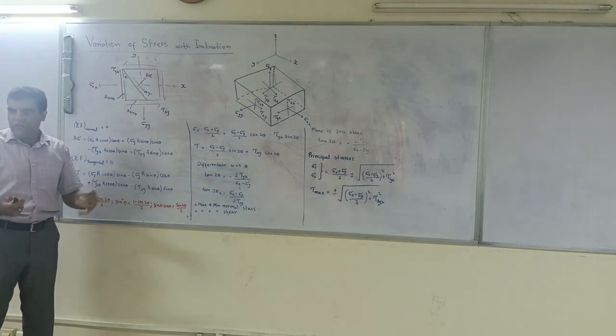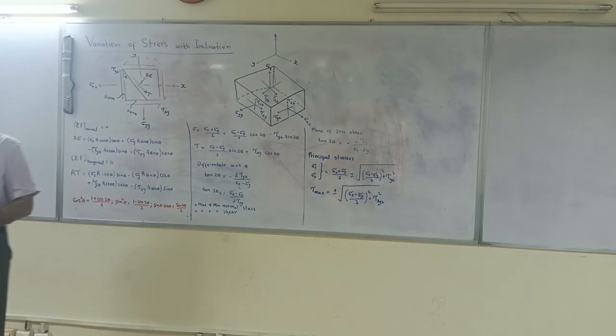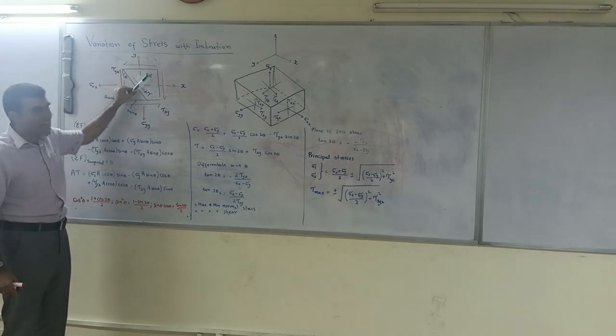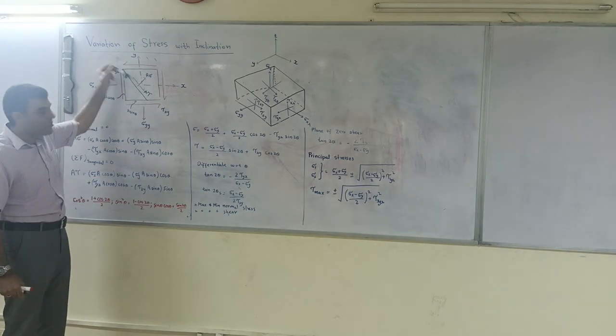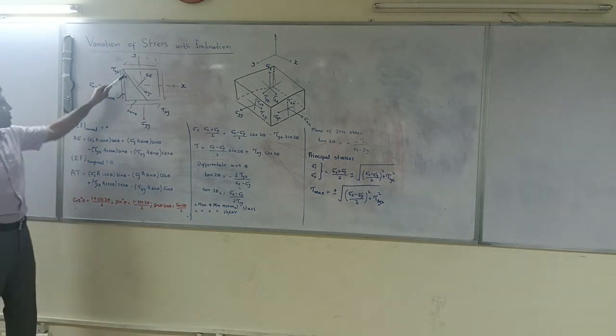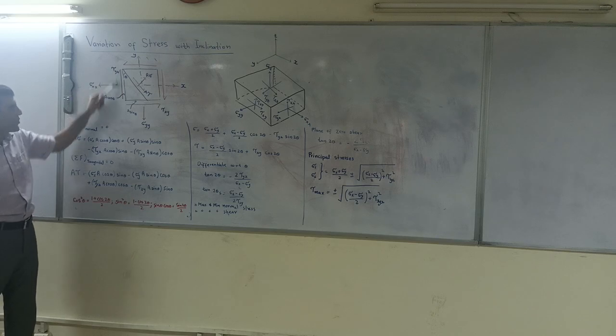Now what we do is we apply summation of all the forces must be equal to 0. So you have got one normal force which is normal to the direction of this plane, and one tangential force which is tangent to the direction of this plane. Essentially we have to convert these stresses which are on the orthogonal faces.